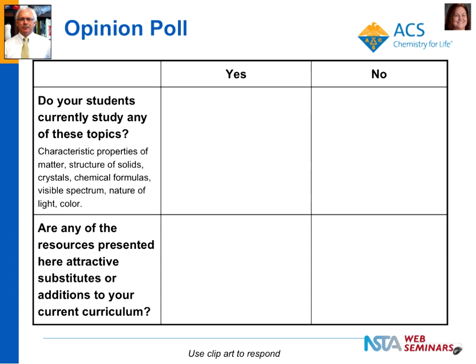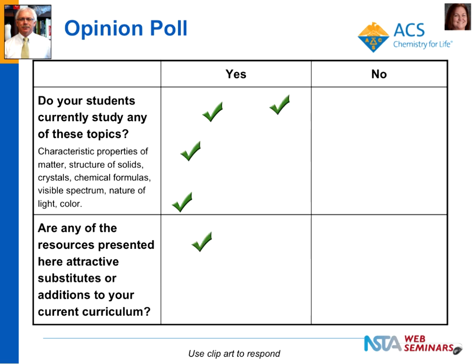So here's another poll. This is feedback for both you and for the presenters. We've presented some ideas about where geology topics could be included in your curriculum. The content areas have been some of the characteristic properties of matter, structure of solids as they relate to crystals, the idea of chemical formulas and how they relate to the nature.